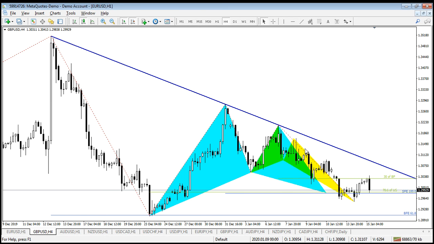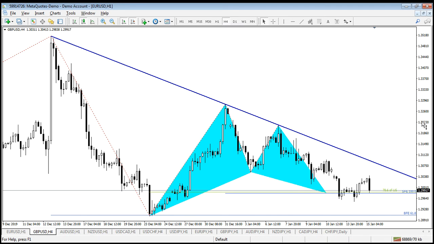This butterfly already reacted, and 30% of the butterfly also reacted at the resistance. As I always say, if a reversal pattern doesn't work for full reversal, it can at least cause a 30% retracement. So that is what the butterfly has done here. And now let's remove this butterfly, because we do not need this anymore.